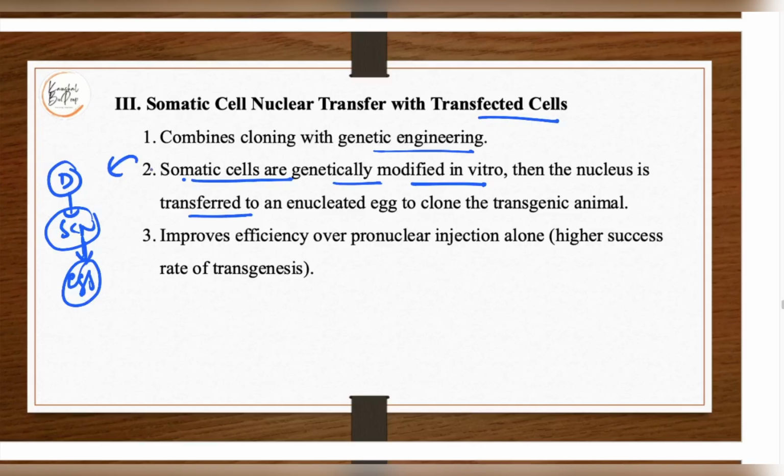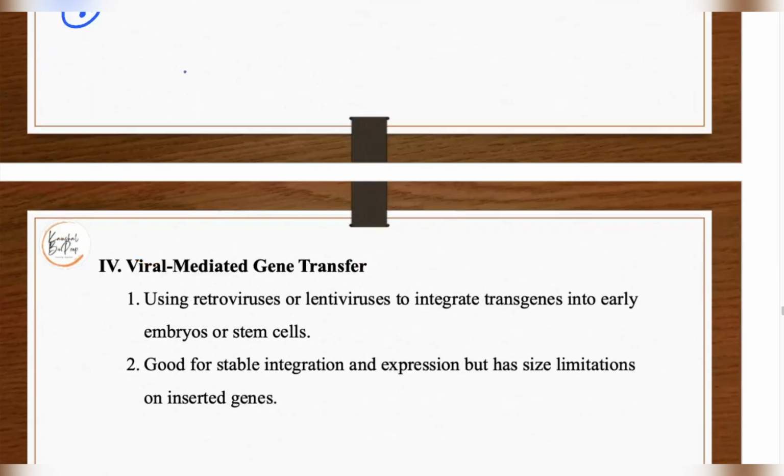Now the clone will have the extra gene which you have transferred. Because of that gene, this is a transgenic element. So this is also a clone and it's also a transgenic element. So it improves the efficiency over the previously discussed pronuclear injection alone, right? Even the success rate of somatic cell nuclear transfer is more.